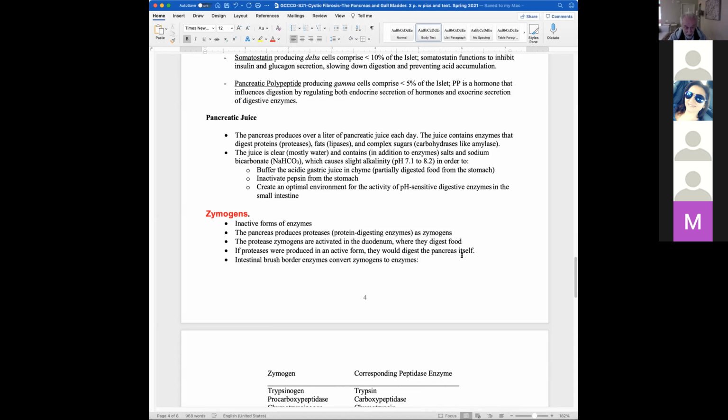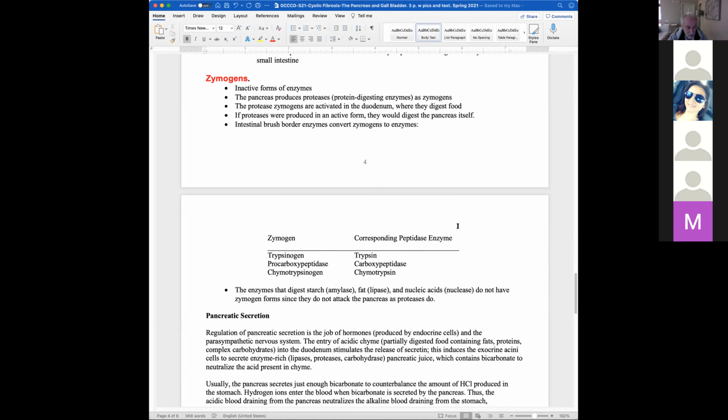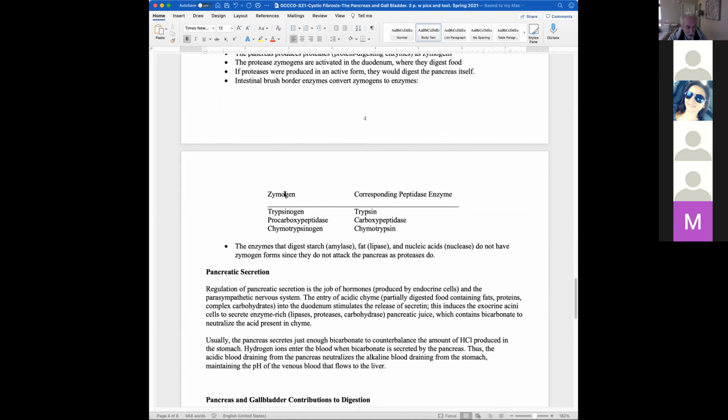And the reason it's inactive in this case is because it would attack its own self, so its own organ. The other enzymes produced by the pancreas are not produced as zymogens because they won't digest the pancreas.